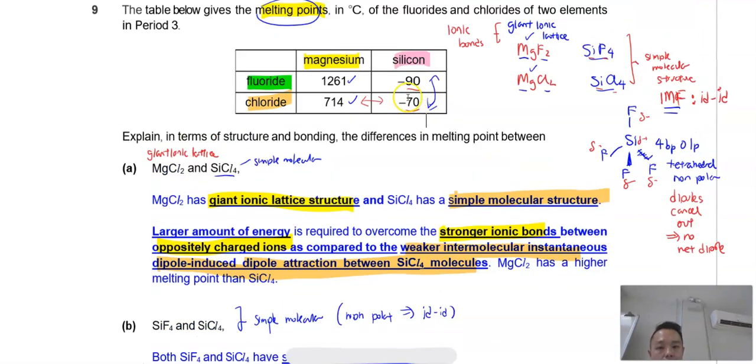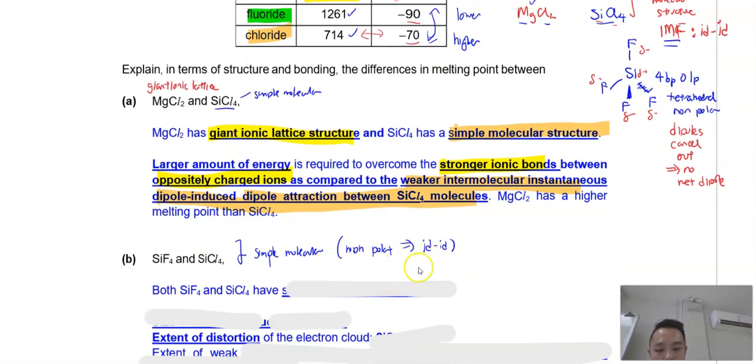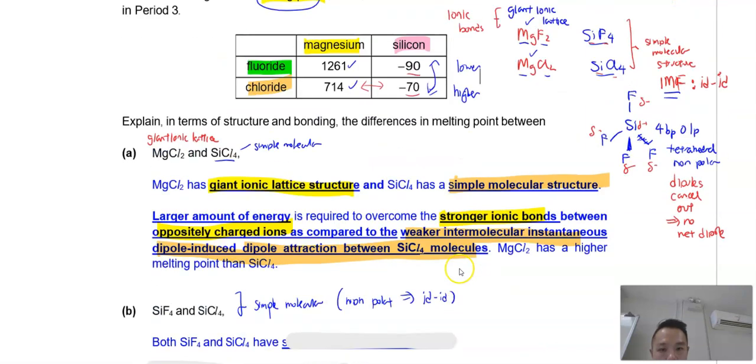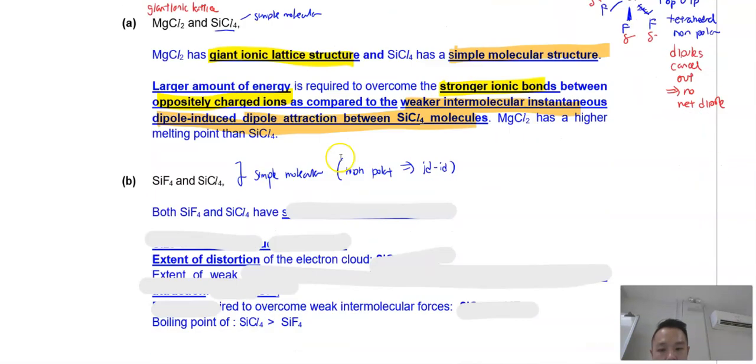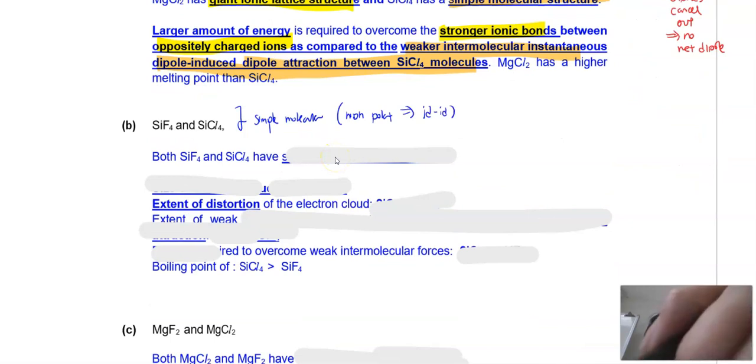Why does silicon chloride have a higher melting point than silicon fluoride? Since they only have non-polar, it's going to be ID. Think about the factors that affect the strength of ID. One, do they have comparable Mr? No, because chlorine is below fluorine in the periodic table. As a result, the electron cloud size becomes a discriminating factor.